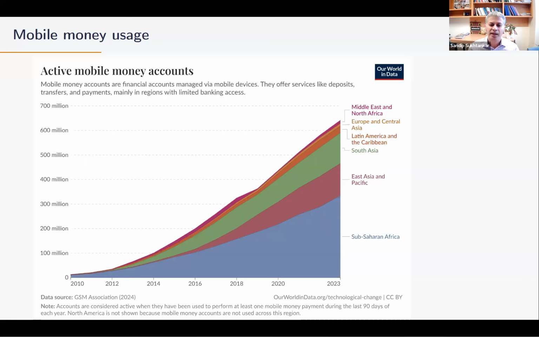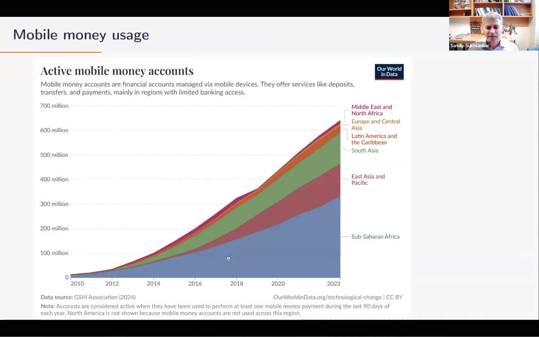In many ways, sub-Saharan Africa has leapfrogged, in the sense of jumping over the hurdle of traditional bank accounts, and now lots of people are using mobile money to make these secure transactions over space, rather than banks and physical cash.